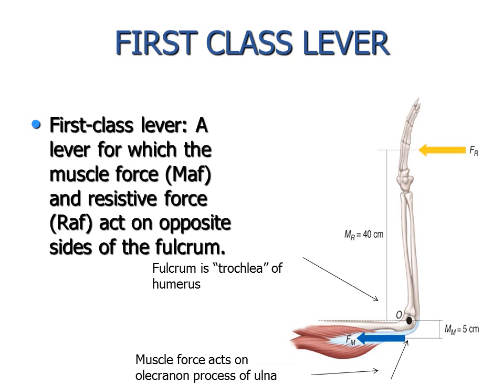So the ratio of those moment arms, which is 5 centimeters divided by 40 centimeters, is approximately 1/8 or 0.125. That's below 1.0, so it describes a considerable mechanical disadvantage. And so therefore, you can imagine that the tricep muscles, compared to other lever systems in the body, are weak.